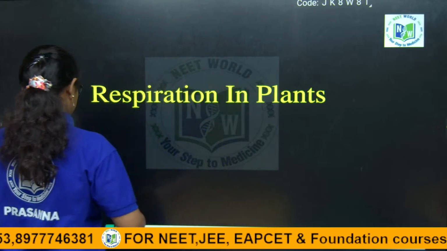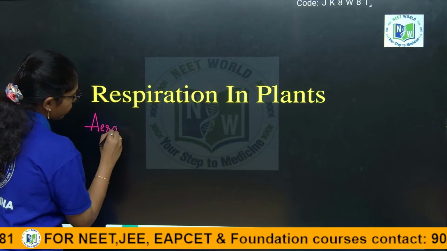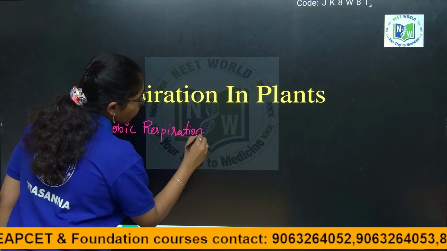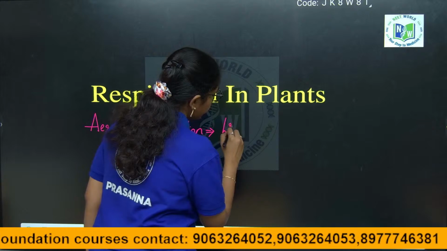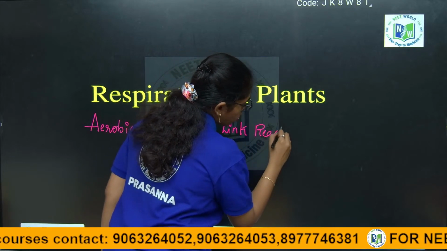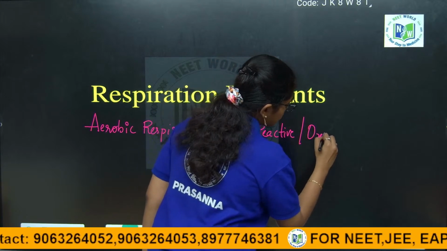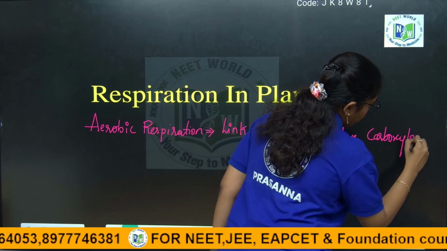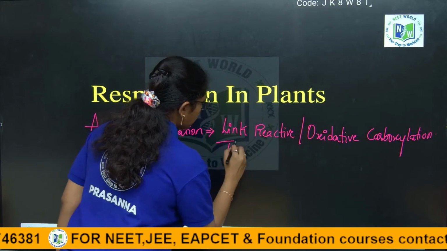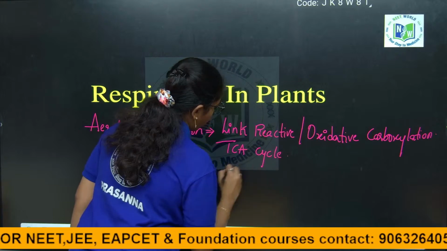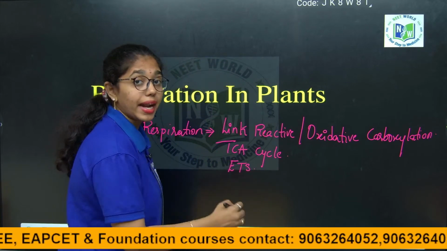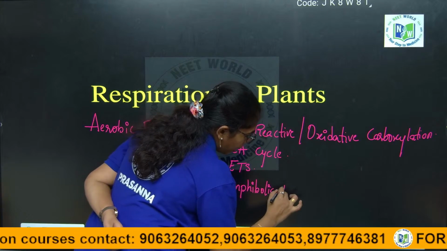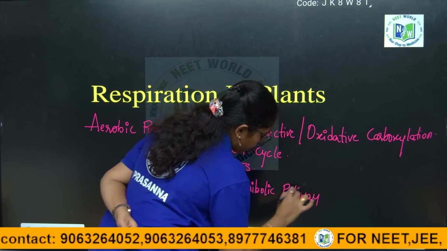Yes, what we are going to look into, beta? Aerobic respiration, where we are going to discuss more clearly about the link reaction, which is also called oxidative decarboxylation, followed by the TCA cycle or Krebs cycle, followed by the electron transport system, and then we are also going to look into the amphibolic pathway and respiratory quotient.